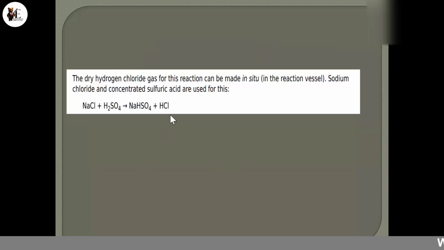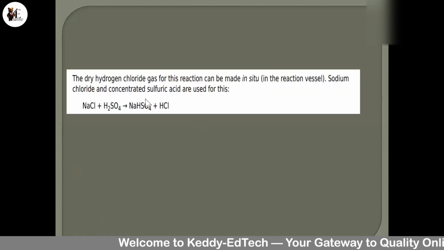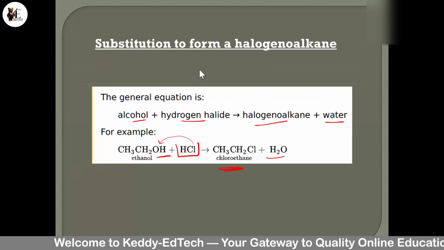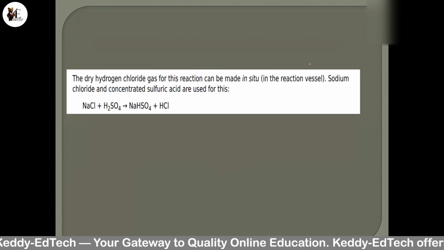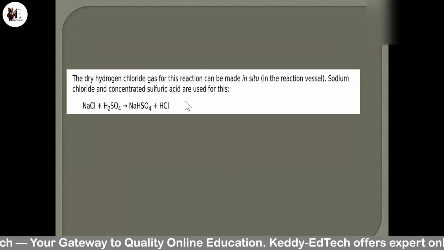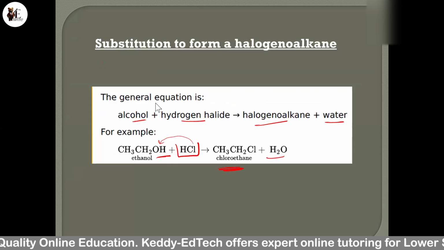So for the dry hydrogen chloride gas for this reaction, where is this HCl coming from? It can be made in situ in the reaction vessel. Sodium chloride and concentrated sulfuric acid are used for this. So this is that gas which we have used in this reaction.